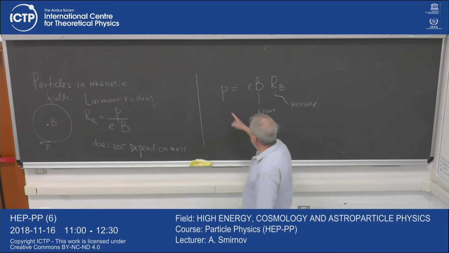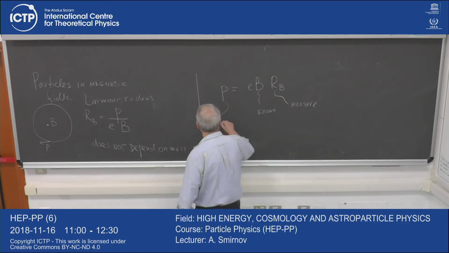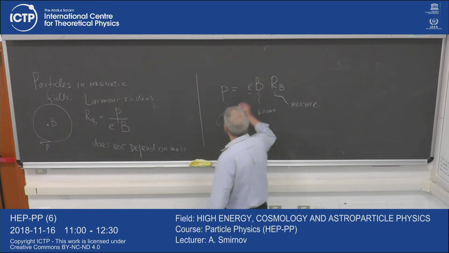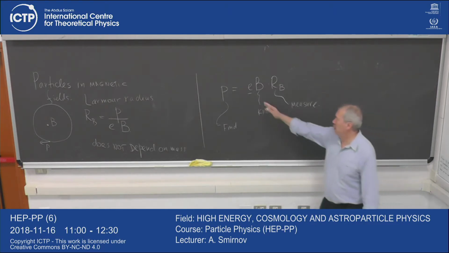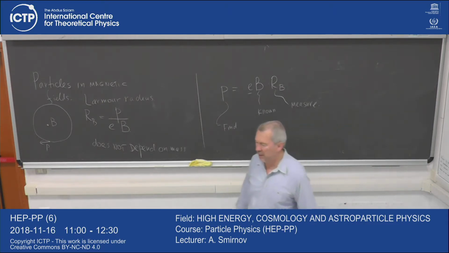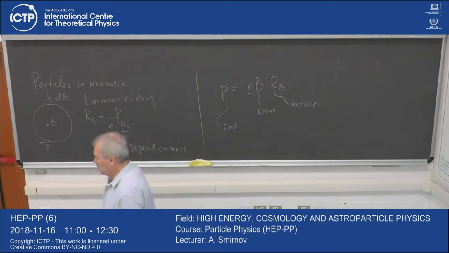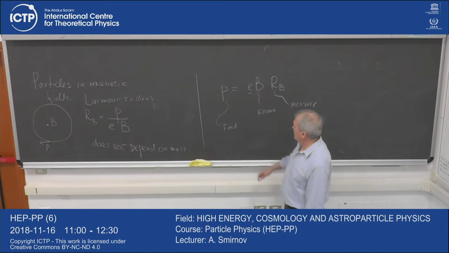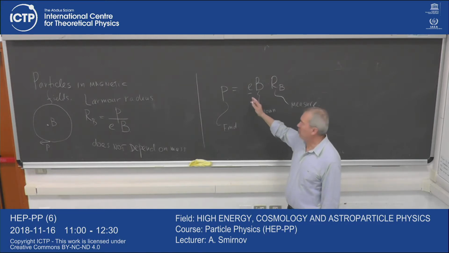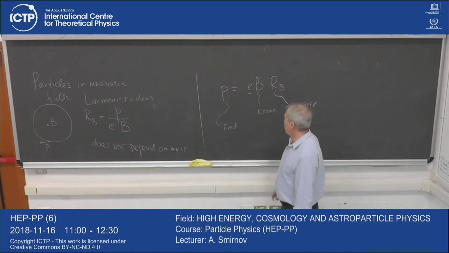And so in this way we can find what is P and find the momentum of the particle. Of course, we need to assume what is the charge of the particle, because if it is double charge, triple charge, then correspondingly momentum becomes bigger. But in many cases we can guess what is the charge of the particle we deal with, and therefore we can find what is momentum.